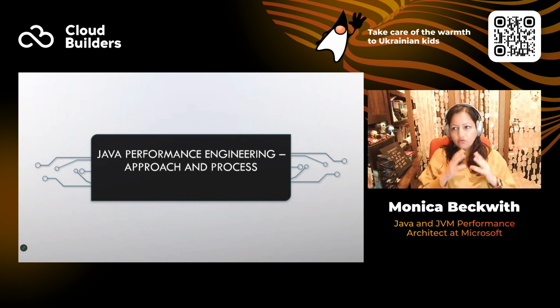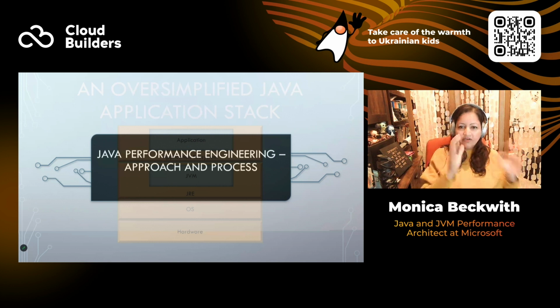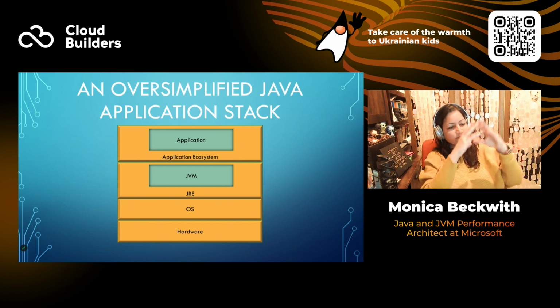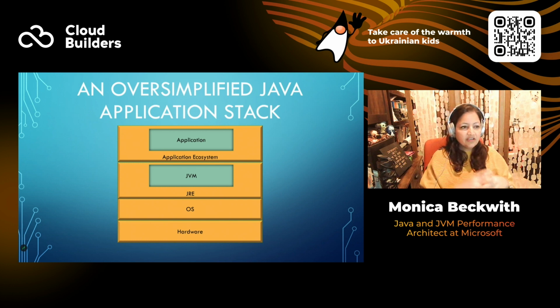Okay, so here's an application stack. It's a very oversimplified stack. It could be a database application. It could be a Java-based service, or you're doing some I/O work and you're using Netty. But all this forms your application stack, which runs on top of the JVM, which has its own runtime environment.